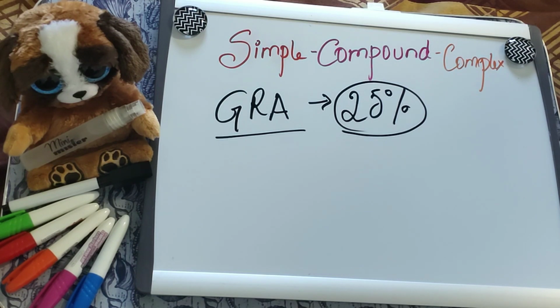Recalling this sentence structure is really easy because simple sentences are the ones which are not joined by anything else like with and or because. It is just a simple sentence as is.